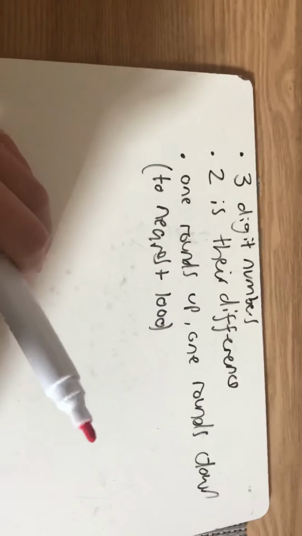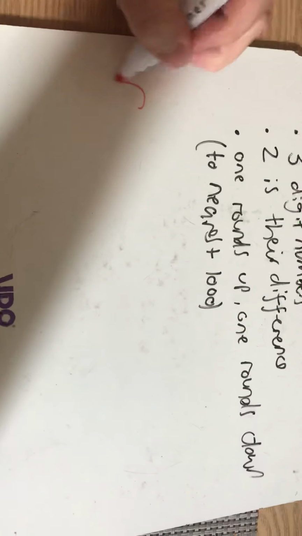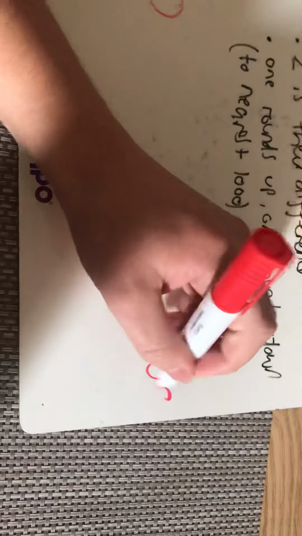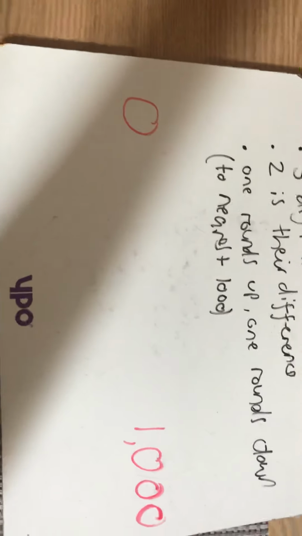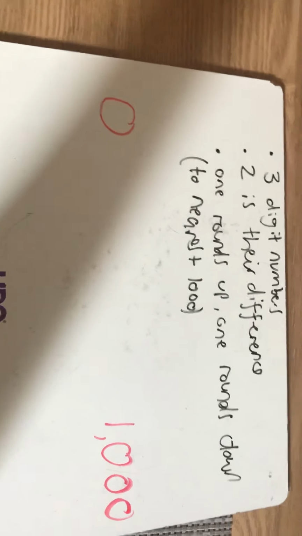So it's 3-digit numbers, 2 is their difference, 1 rounds up and 1 rounds down. So basically we know 1 is going to round to 0 and 1 is going to round to 1,000, because the difference is going to be 1,000 when you round them.